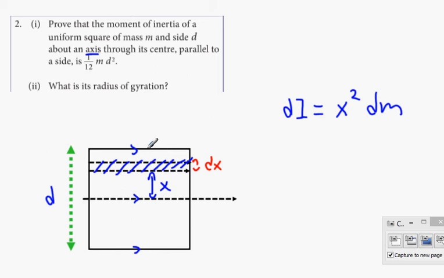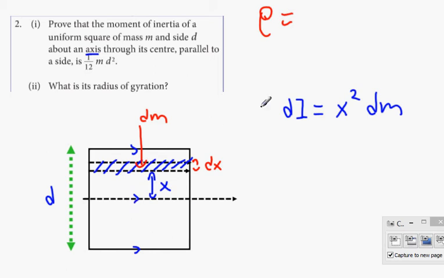Next thing is, what is the mass of this piece of area? The mass is dm. Next we're going to find rho. Rho is going to be the mass per unit area, because we're talking about an area.